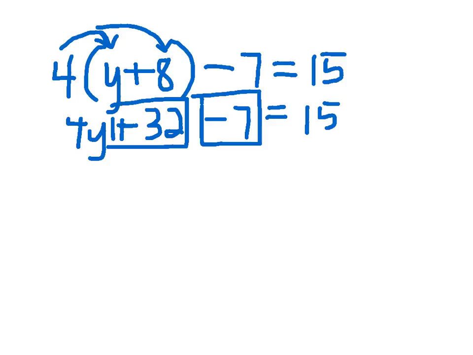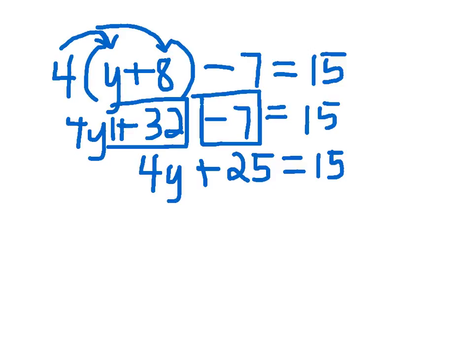Positive 32 minus 7, or positive 32 plus negative 7, either way you think about it, 32 minus 7 is 25, and that equals 15. Now, I've got my regular two-step equation.